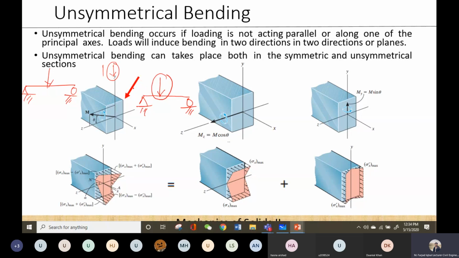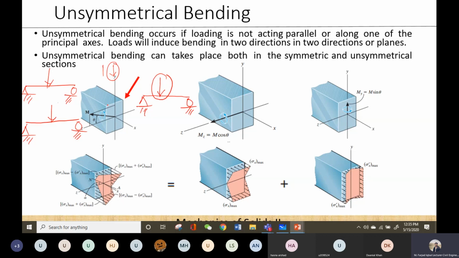Now, if the load is acting in this direction, in every textbook you will see them represent it like this beam. Previously, we were solving only symmetrical bending, so we didn't bother looking at the cross section. But now that we know the concept of unsymmetrical bending, if I give you a simple beam with a load acting, you shouldn't assume straight away that it is parallel to the principal axis.